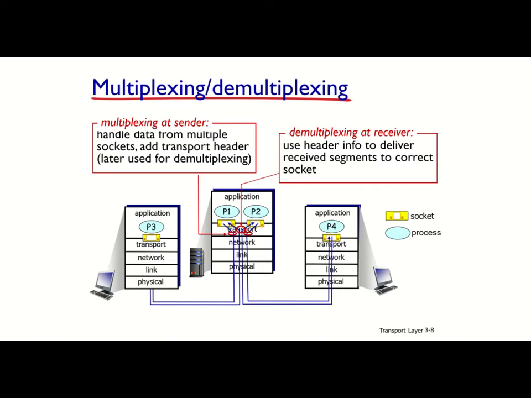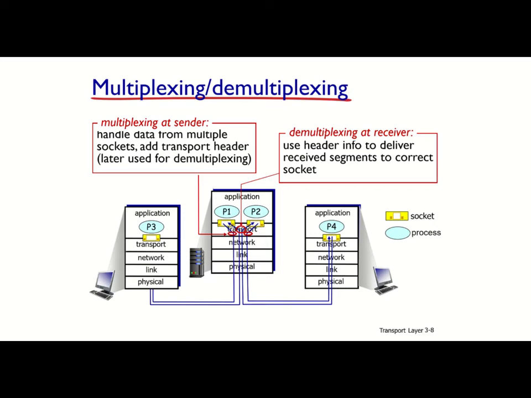So you can think of the middle host as a host that runs multiple processes, and since it runs multiple processes, we need the services that the transport layer provides in this host. So let's see how we need transport layer services in this host. In this host, we have multiple processes, P1 and P2, who want to send their messages to multiple processes, P3 and P4.